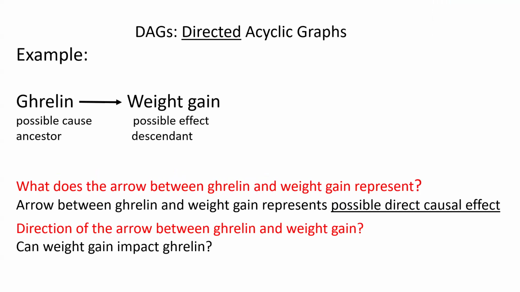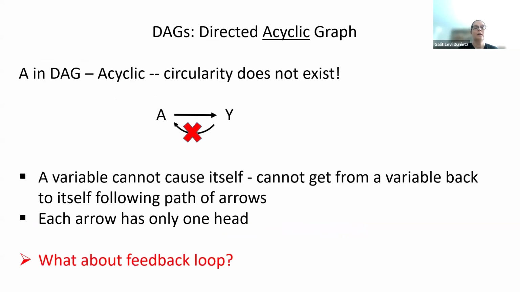There's a potential to do that. Why not? There's a potential to do that, and it depends on the research question that you have here. The DAG is representing a research question that is examining the causal associations or causal effect of ghrelin and weight gain. Great.